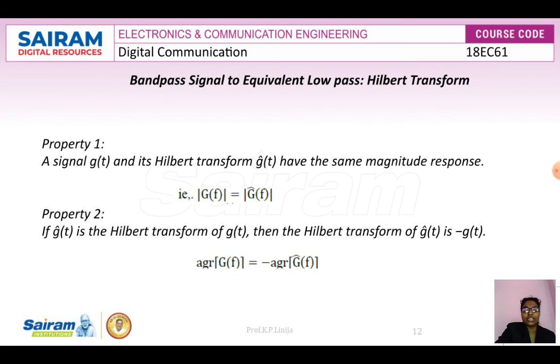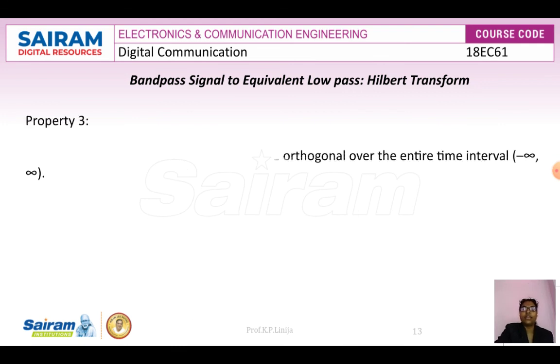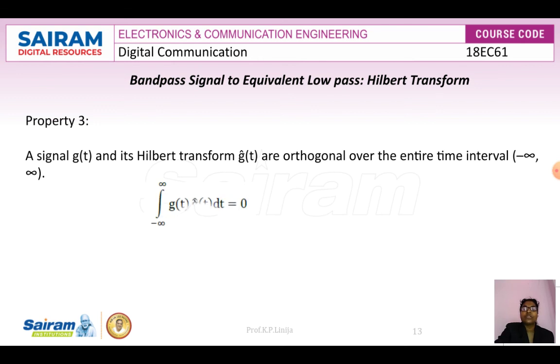That is why we can write argument of g of f is equal to minus argument of g cap of f. And the third property is that both signals are orthogonal to each other over the time interval minus infinity to infinity, which we can define mathematically as the integral from minus infinity to infinity of g of t into g cap of t into dt is equal to 0.